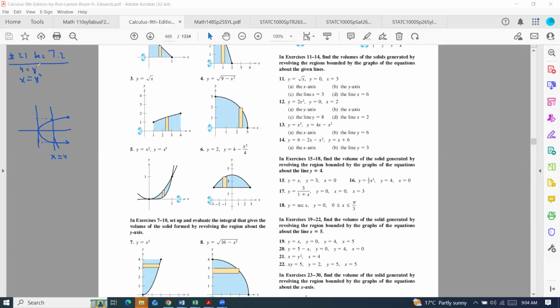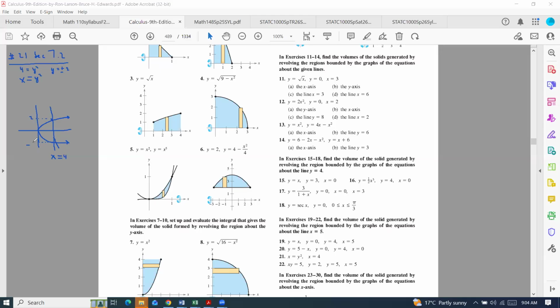Then y could be either +2 or -2. When you take the square root, you always have two answers, with a plus or with a minus sign. And that's why the parabola is not a function, because it fails the vertical line test.